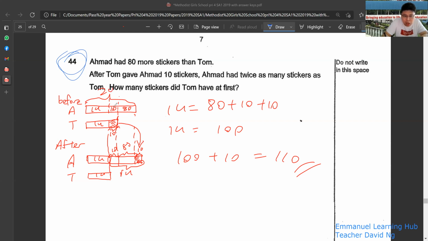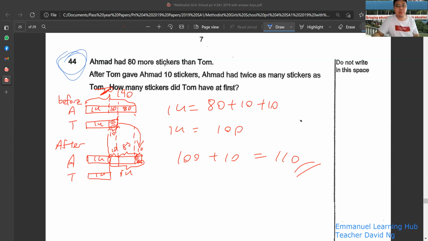No, not 200. 1 unit is 100, so 190. Ahmad has 190, then Tom is 110, because Ahmad had 80 more. Correct. So 110, Tom.